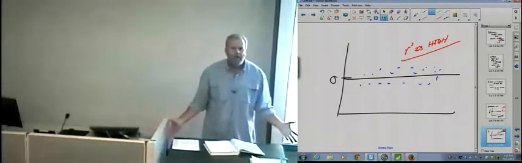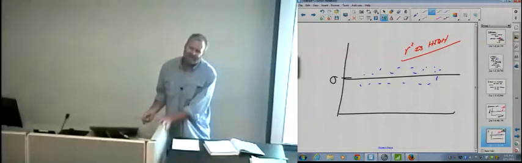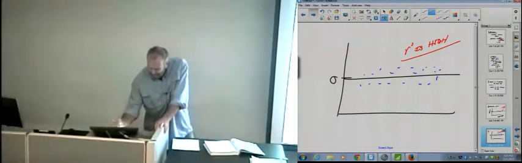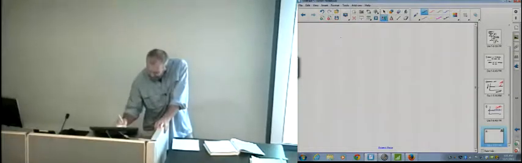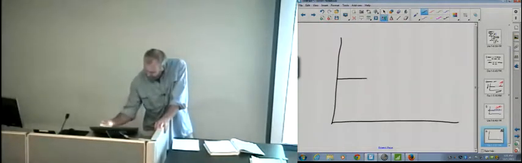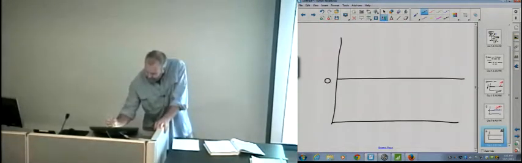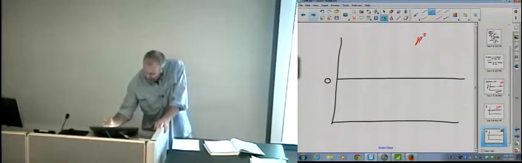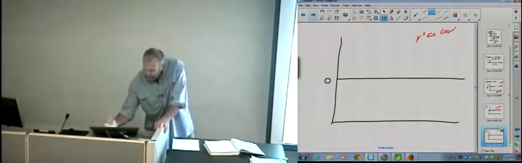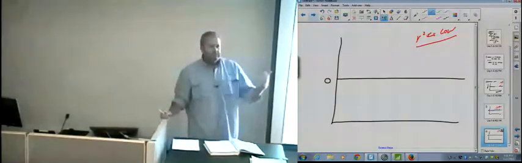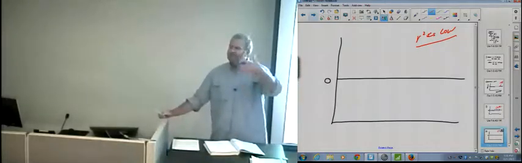So then why would I want to look at it? Well, let's say r squared's not good. Right? Let's say it's low. 20%, 10%, 15%.